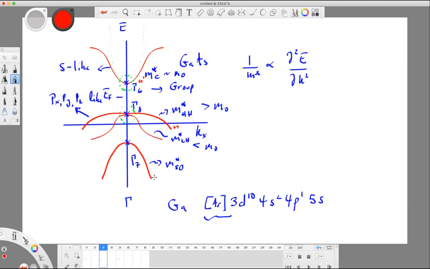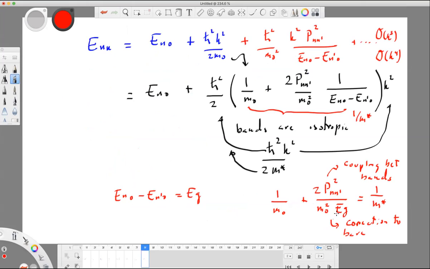Teacher, for the expression of the effective mass, is this valid for all the carriers, for electrons and holes? No, so now we have to make this. We can make two versions of this expansion.